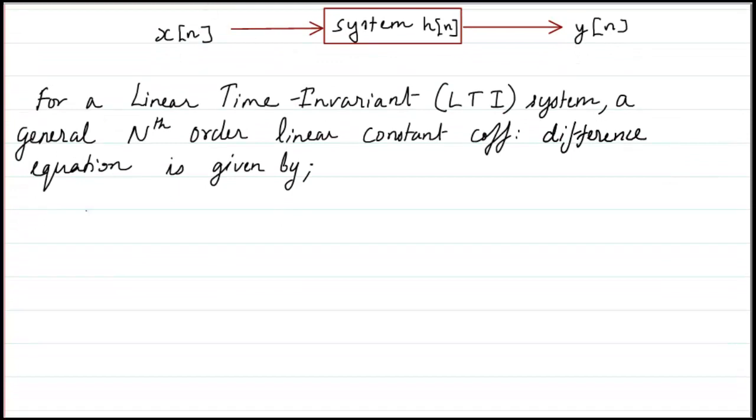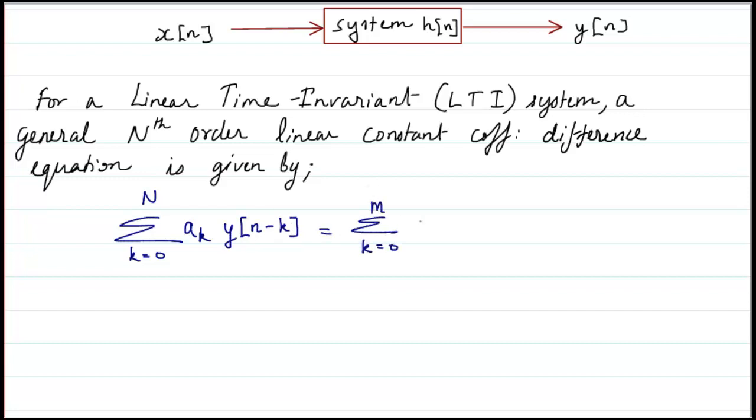When we write the equation here, it is the summation from k is equal to 0 to capital N of ak, but instead of y of t or the differentiation of y of t, we have y of n minus k, is equal to the summation from k is equal to 0 to capital M of bk x of n minus k.